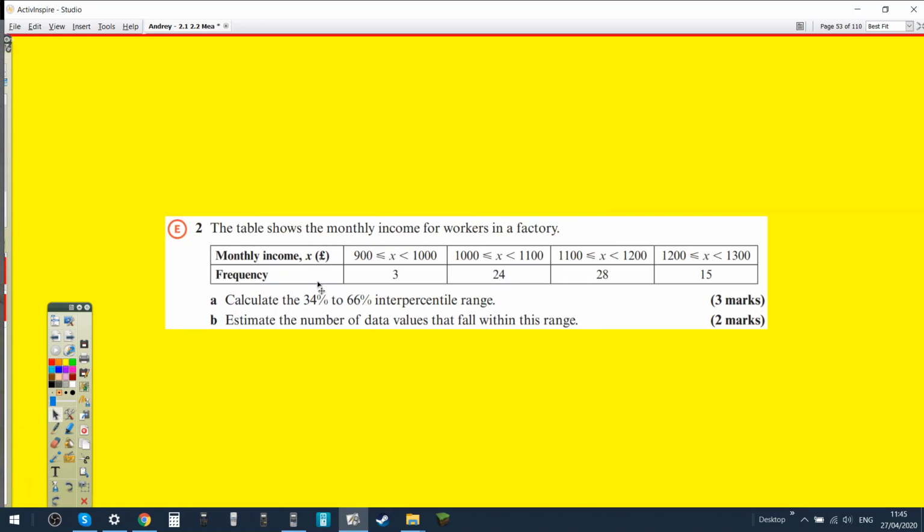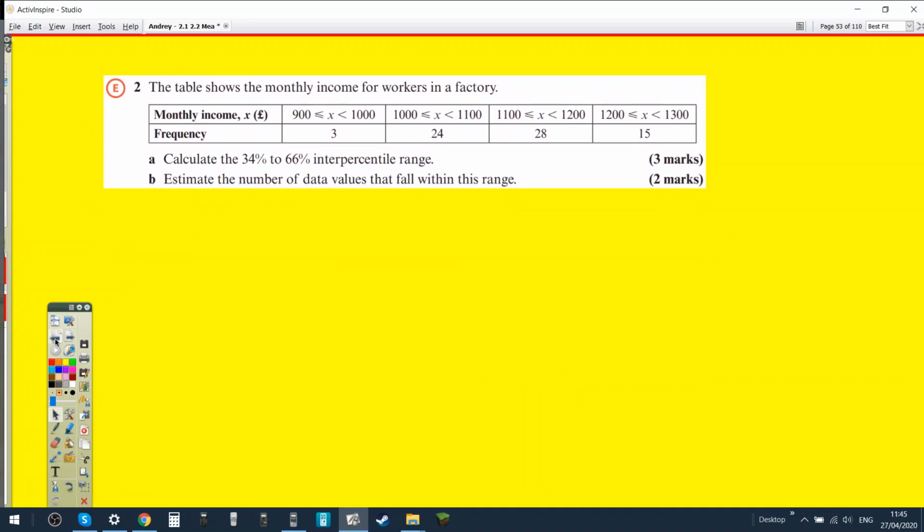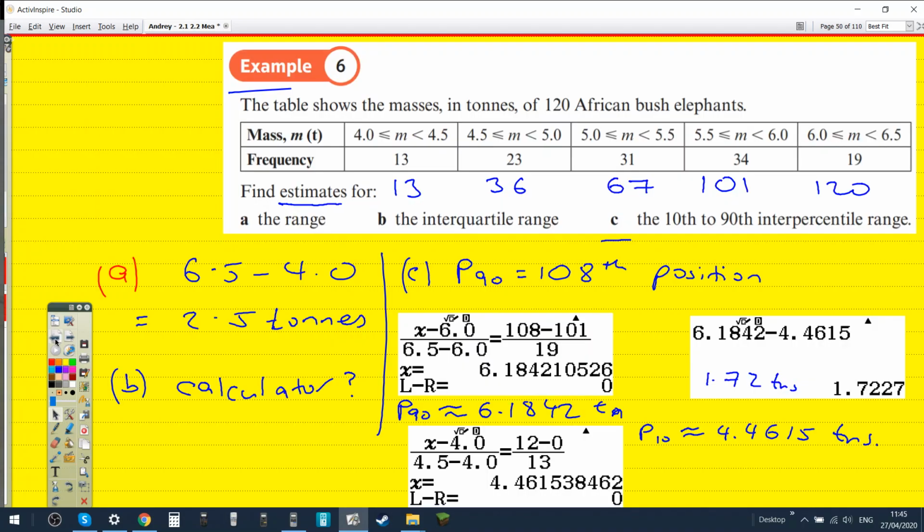Let me go back for a second. Our estimate was 1.7. So P10 to P90. How many elephants are roughly between the 10th and 90th percentile? How could we do that?